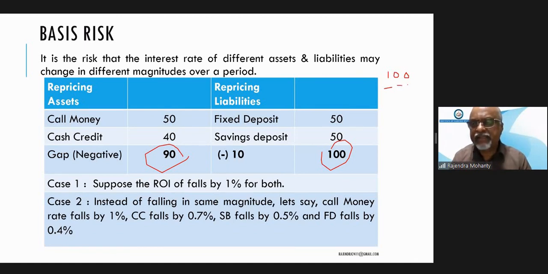Say we take 78. Suppose I take 78, the income has decreased. So how much has it become? 99.22.